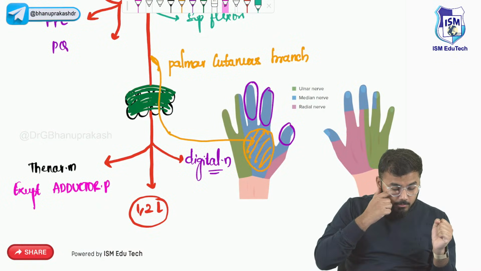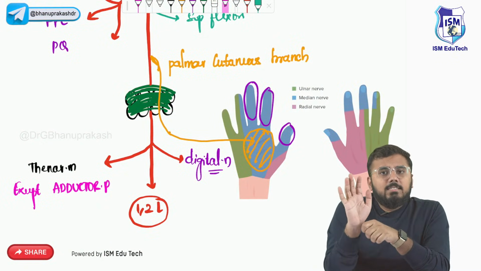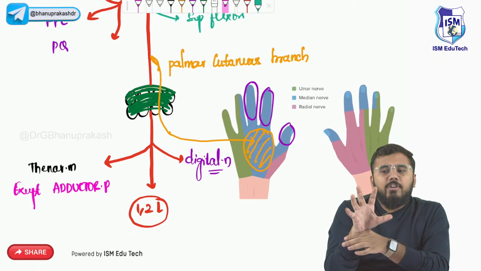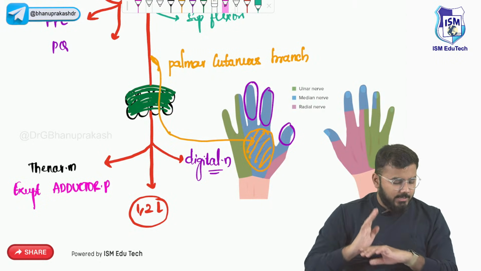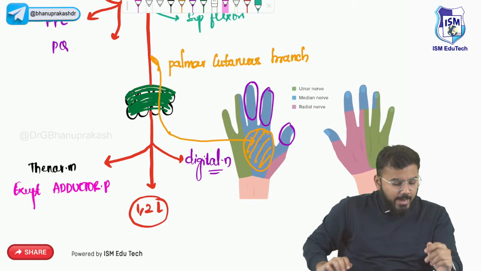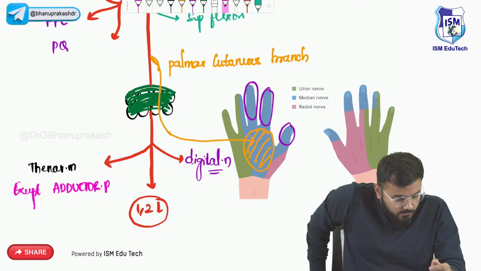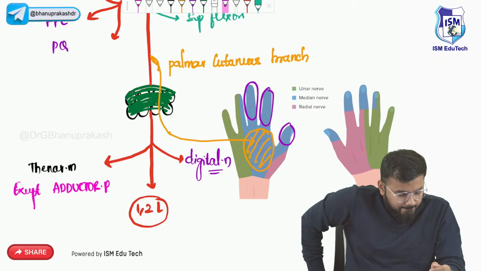Next important, look here very carefully now. Whenever there is damage to the median nerve, what kind of hand position will I see in the patient, guys? Tell me, what kind of hand position will I see in a patient with a damaged median nerve? Yeah, very good, pharmacist.